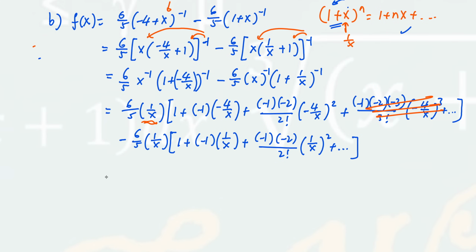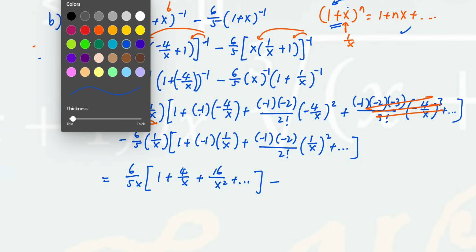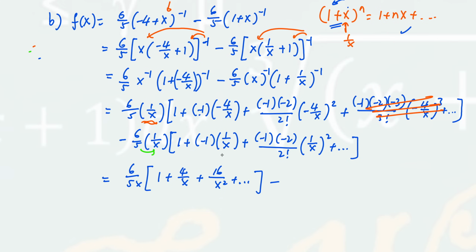Alright, so which means now here I will just simplify 6 over 5x times, okay, simplify these three terms inside the square bracket. It will be 1 plus 4 over x plus 16 over x squared. Then minus, and again here, just simplify the terms inside the bracket. That is going to be minus 6 over 5x multiplied with 1 minus 1 over x plus 1 over x squared.